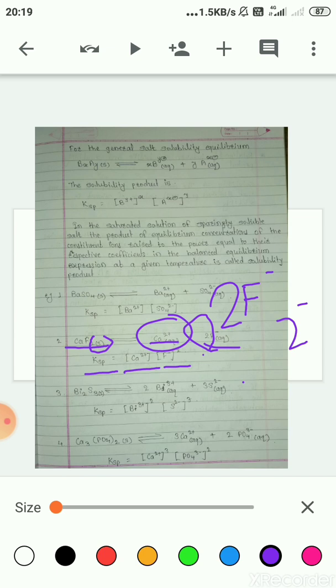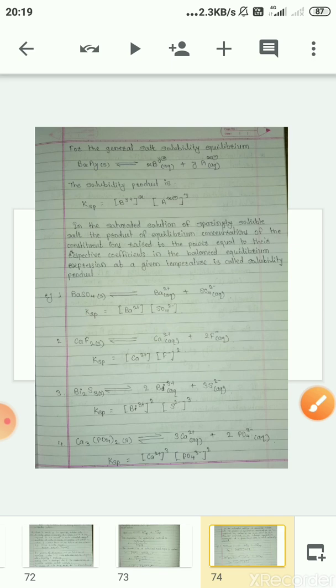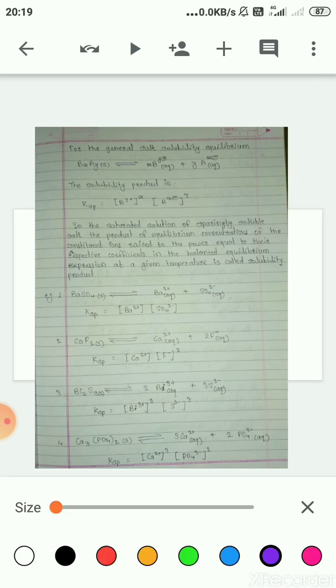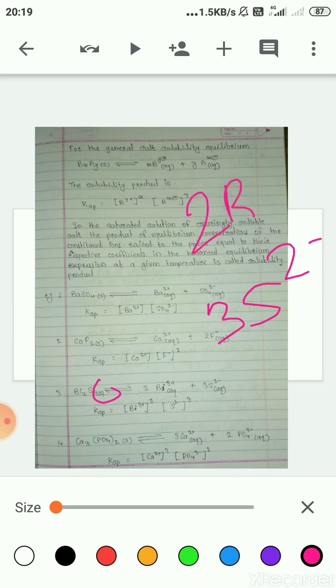In the same way we can write the equation for Bi2S3. Now here it is sulfide, therefore sulfur carries a -2 charge. Sulfur is in the -2 oxidation state. How many sulfurs do we have? We have 3 sulfurs, therefore 3S2-. Now bismuth, we have 2 bismuth and it carries a +3 charge.